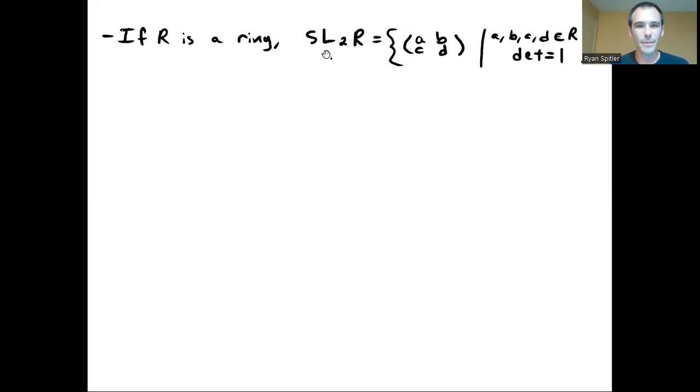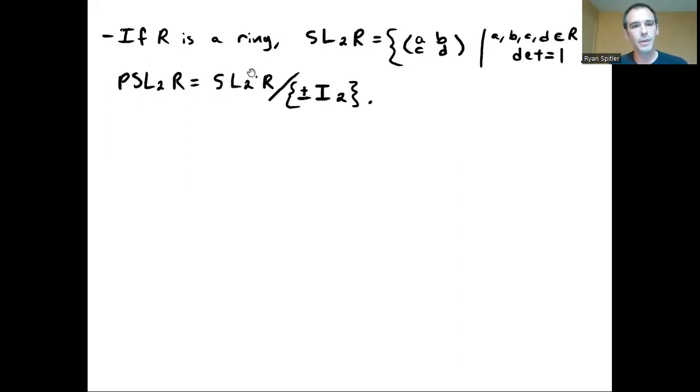I start with SL2R, the collection of 2x2 matrices whose coefficients come from R and who have determinant 1. Then PSL2R will be the quotient of this SL2R by the center, which in this case is positive and negative the identity. This is what I mean when I say PSL2 of something.